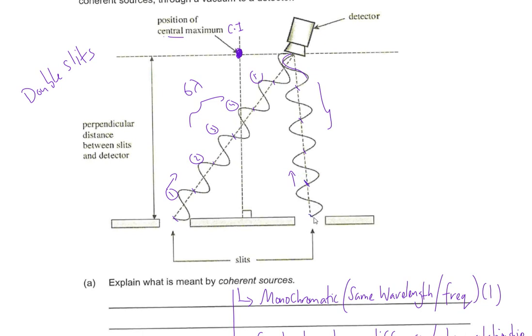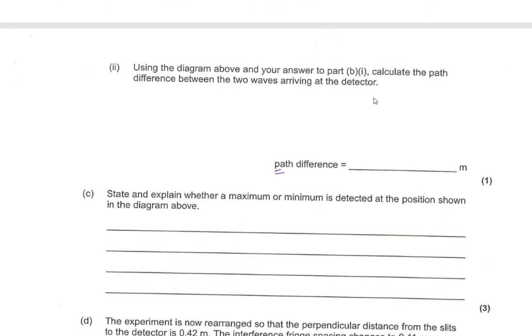So this is 5 wavelengths. Therefore the path difference is equal to 6 lambda take away 5 lambda, which is equal to 1 lambda.